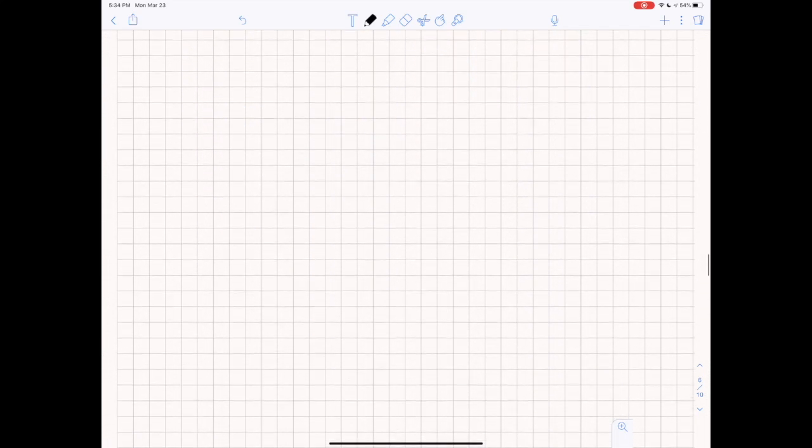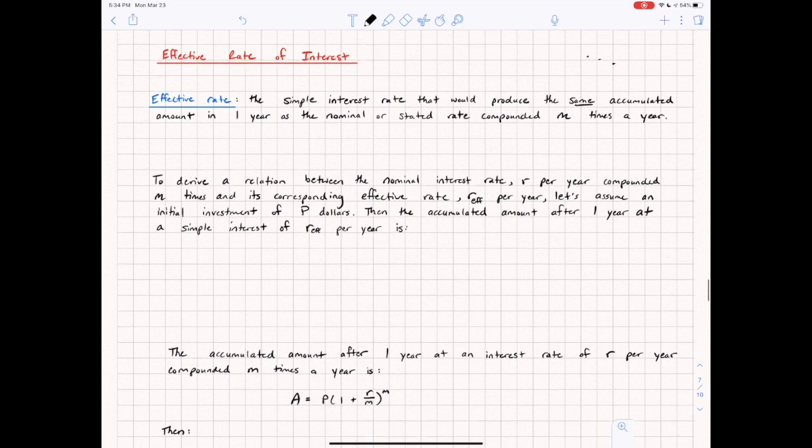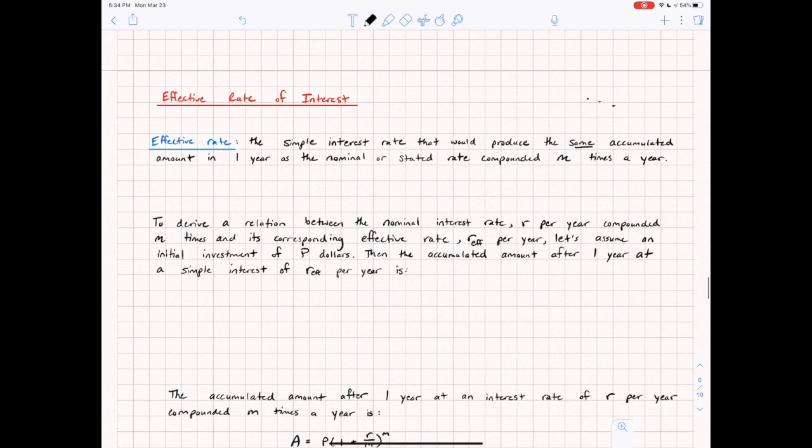And so one way that we can actually do this, as you see in the title, is called the effective rate of interest. The effective rate is the simple interest rate that would produce the same accumulated amount in 1 year as the nominal or stated rate compounded m times a year.